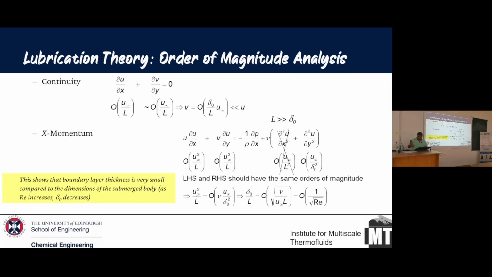So very simply, if your x length scale is L, and your y length scale is delta naught, the velocity in the x direction is governed by u infinity. That is where your direction is. There is something, the v velocity in the boundary layer, which we don't know.